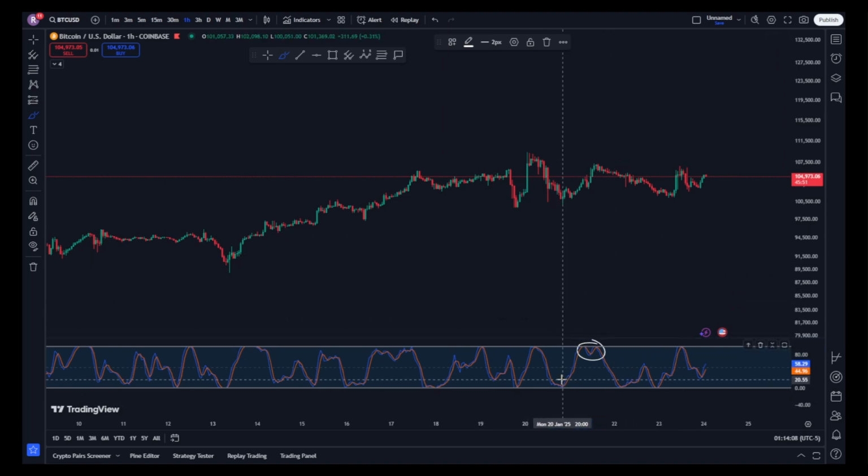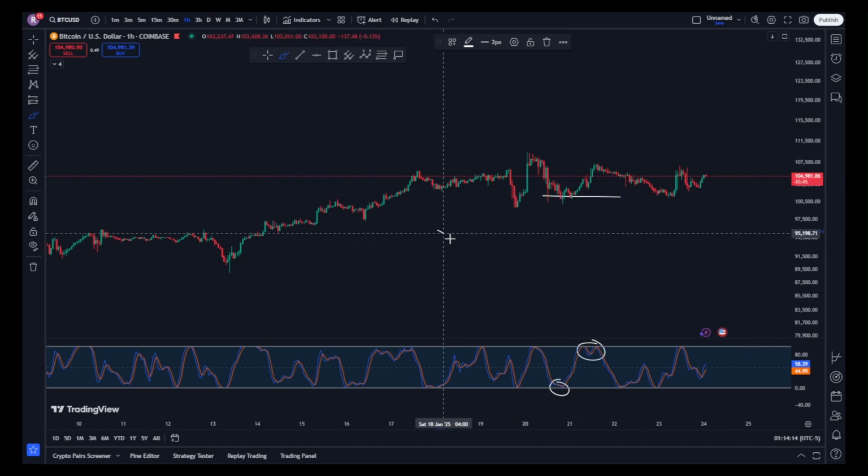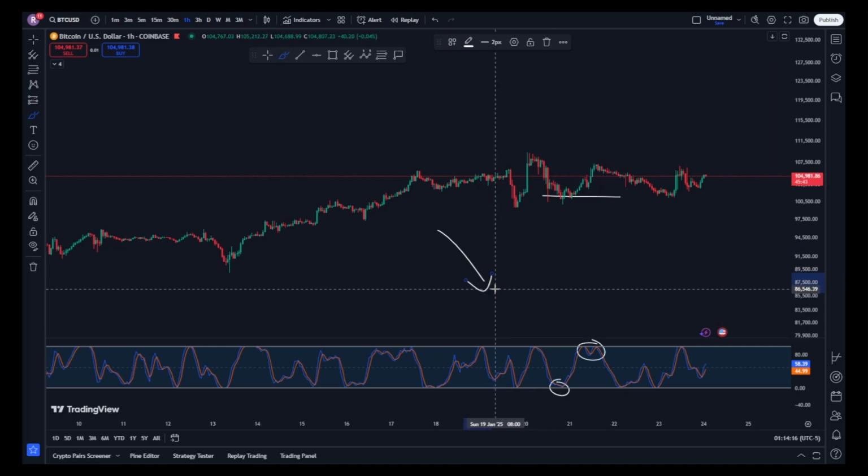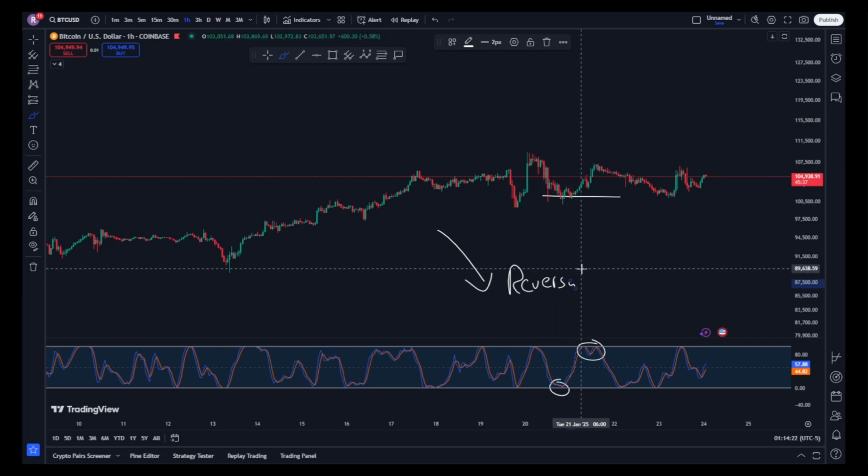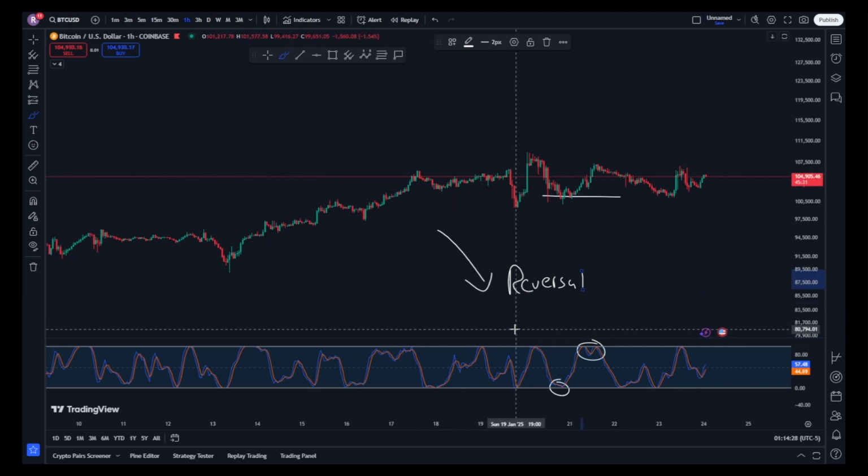Or are you going to take a short when the momentum has bottomed out? If you think about it, when the momentum has bottomed, so there's no more momentum in the market, this indicates reversal, right? So this works both ways. If it's topped out, it could reverse, and if it's bottomed out, it could reverse.